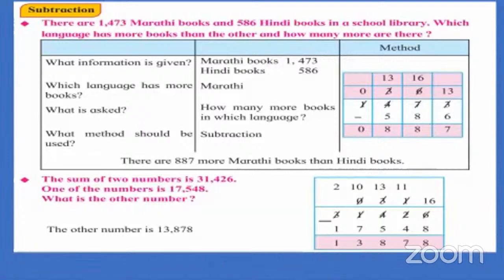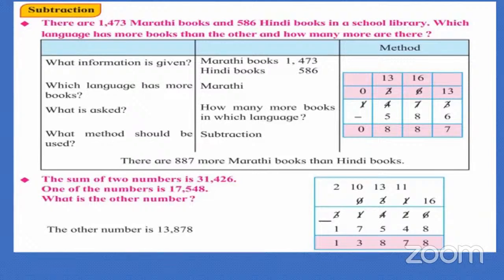We cannot minus 4 from 1. So we'll borrow 1 from the next number. So it becomes 11. So 11 minus 4, it becomes 7. Okay. Now we borrow 1 from 4. So 4 becomes 3.